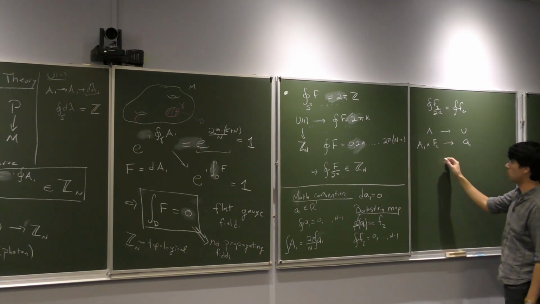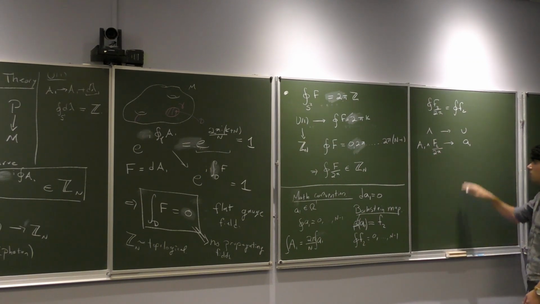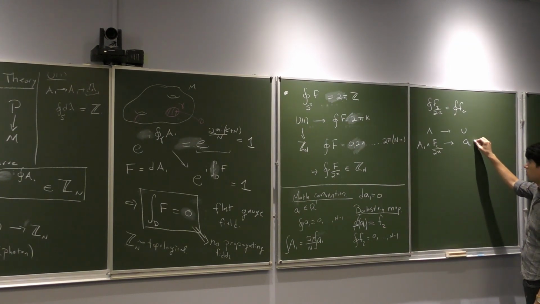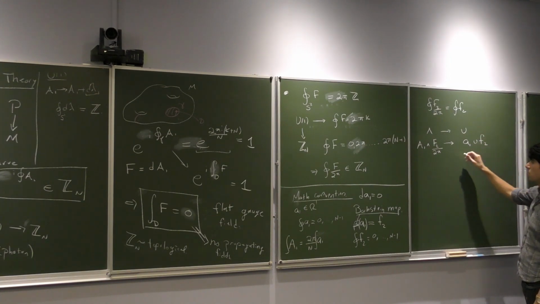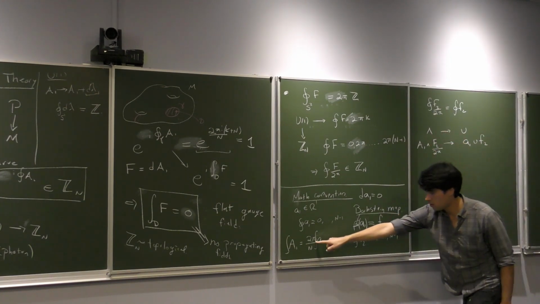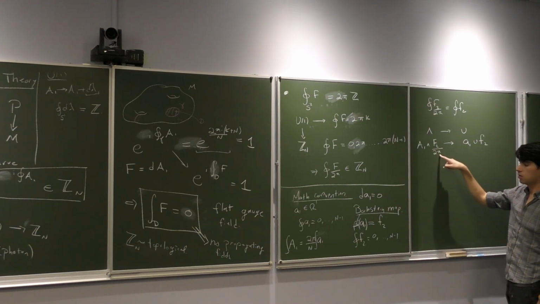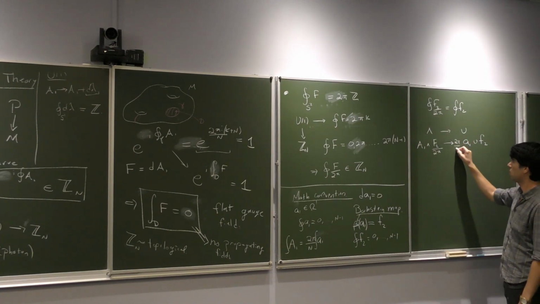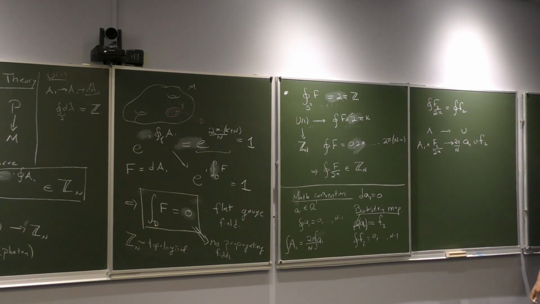This, when you sort of untangle all of the definitions here, becomes A1 cup F2, and then there's a 2 pi here that cancels this 2 pi, I think, and you get 2 pi over n times n. So, anyways, I just think it's good to know that essentially you just do this replacement when you go from continuous gauge fields to discrete gauge fields.